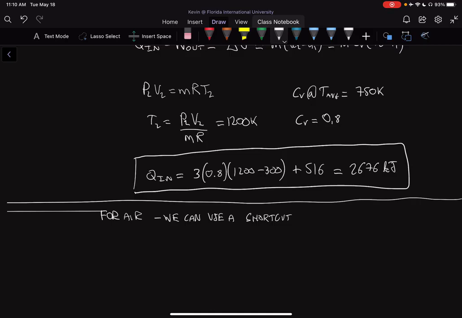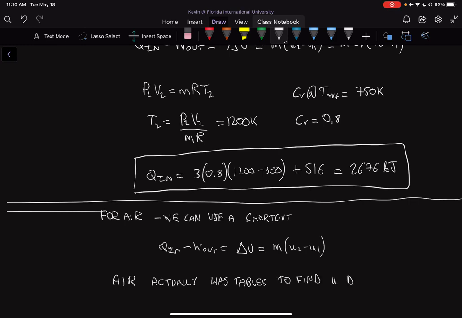Now, the other way you can do it is to say, we have Q in minus work out is equal to delta U, which is equal to mass times U2 minus U1. And air actually has tables to find U directly.